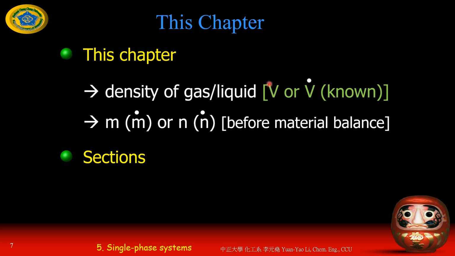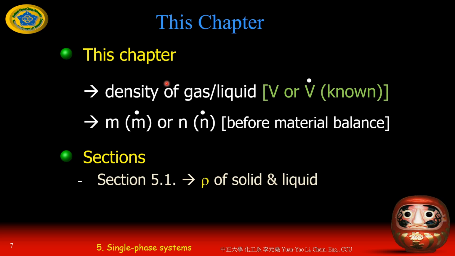And of course, we give you volumetric flow rate or volume. So you need to convert volume or volumetric flow rate to mass or mass flow rate or molar flow rate. What is the conversion factor you need? It's density. That's why density is important. That's what we call physical properties.